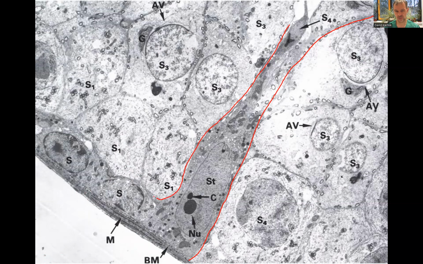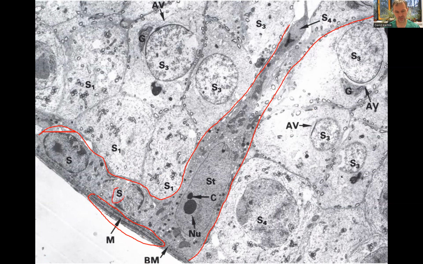Yeah, these are the walls of the Sertoli cell. And we can see that, of course, here's a nice myoid cell. And we can see the different types of spermatogenic epithelium cells.